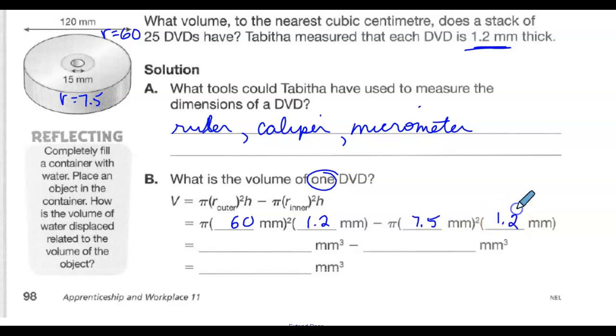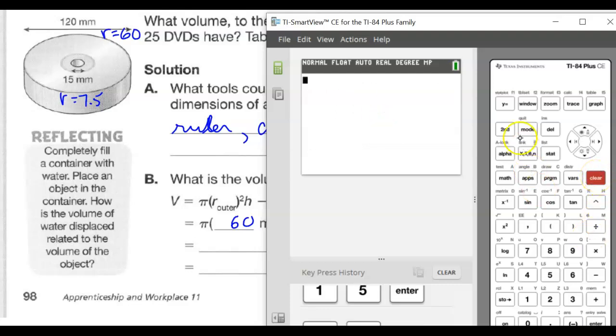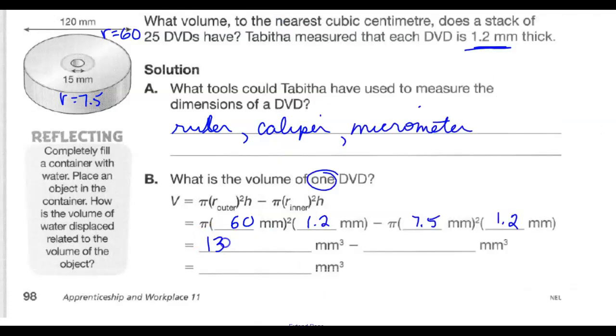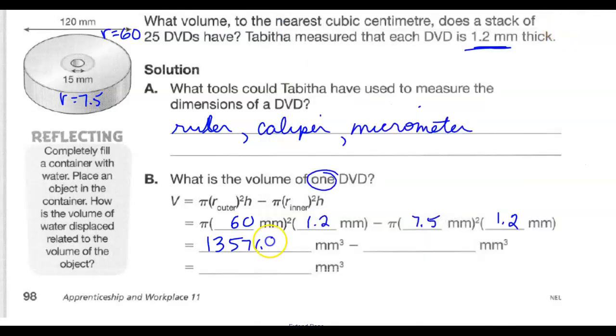So get out your calculator. We'll do these separately. Pi times 60 squared times 1.2 gives 13,571.6803.